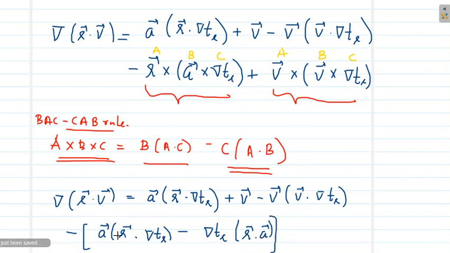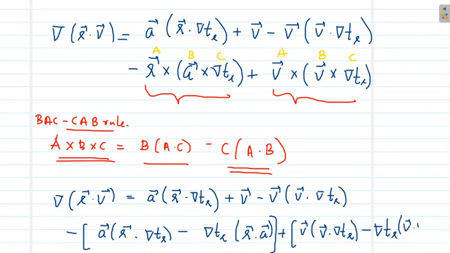And the second term, again using the BAC-CAB rule, will be v bar into v bar dot del tr minus del tr into v bar dot v bar. So this is the expansion using the BAC-CAB rule in the last two terms.